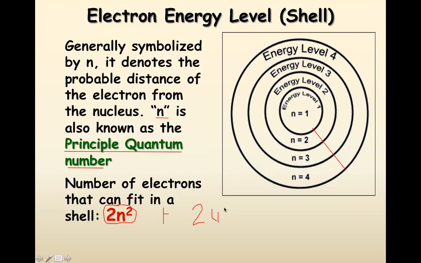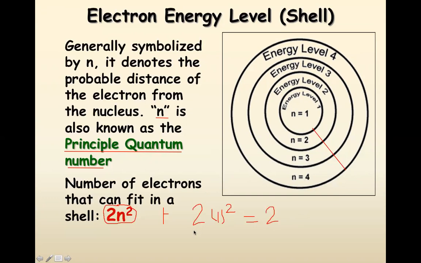Sorry, it's hard to draw with my mouse. So 1 squared is 1, and 2 times 1 equals 2. That's how many electrons energy level 1 could hold.